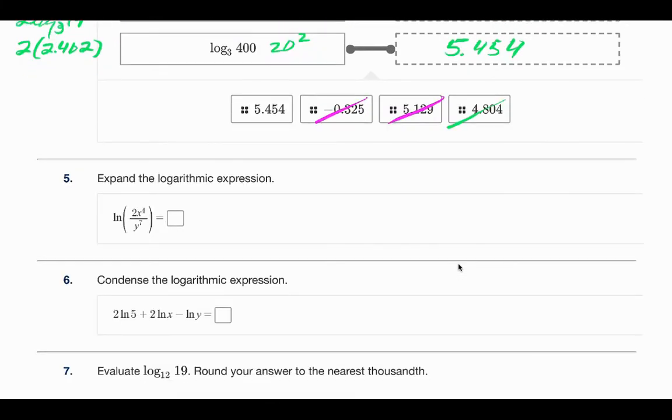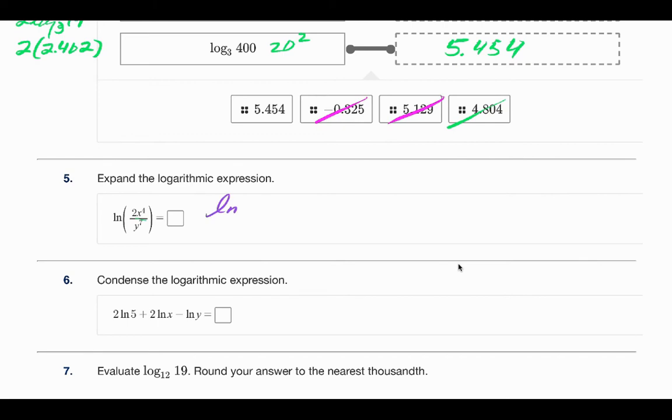Okay, let's see, when we expand the logarithm, remember what that means is I have one log in there. I want to get one for each operation that I'm going to do. So the first thing you should notice is that we have that division sign there. So we can go ahead and expand it.